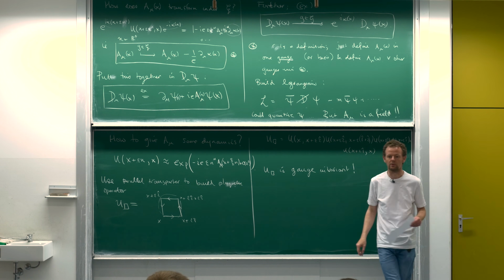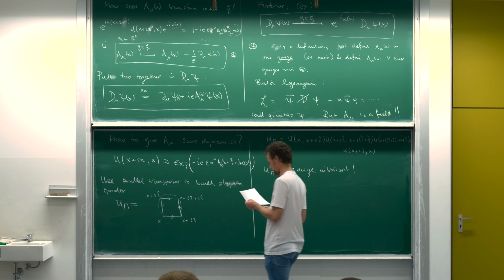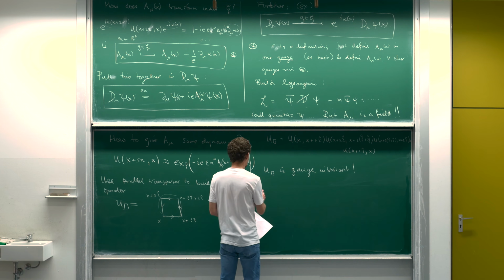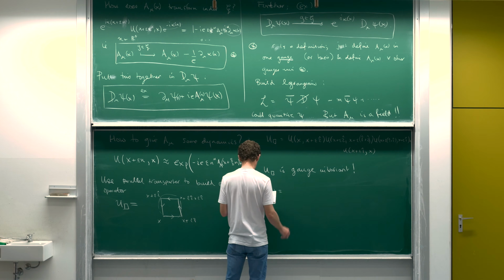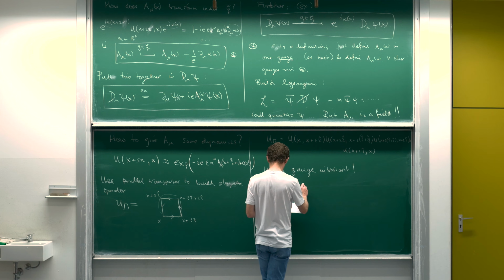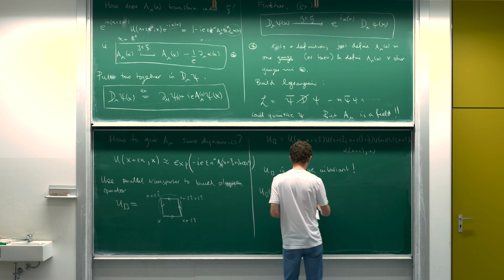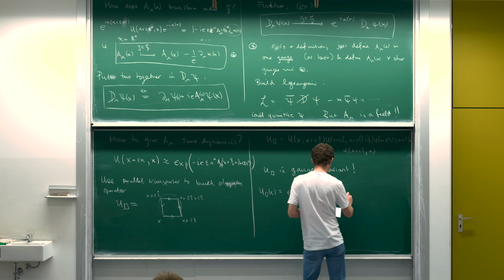And note, U box is gauge invariant. It does not depend at all on G. And it's a super tedious calculation, to do all the Taylor series that come out. But the answer is extremely nice, so it's worth it.